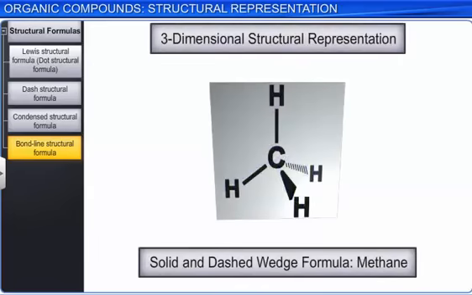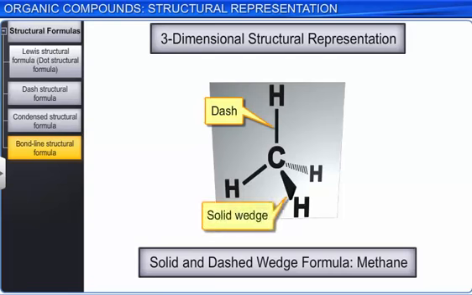Organic molecules can be represented by using the solid and dashed wedge formula. This is a 3-dimensional structural representation of an organic compound. This formula can be represented on paper by using 3 conventions. That is, a dash, a solid wedge, and a dashed wedge.